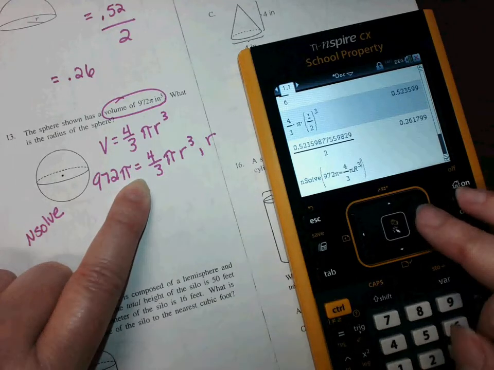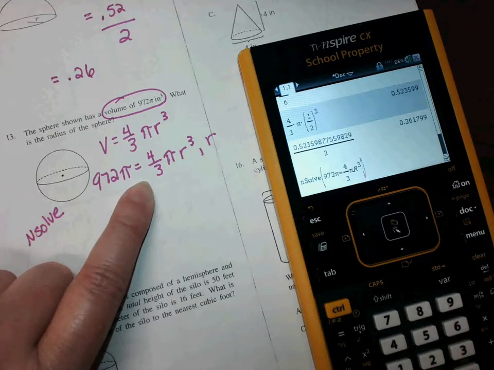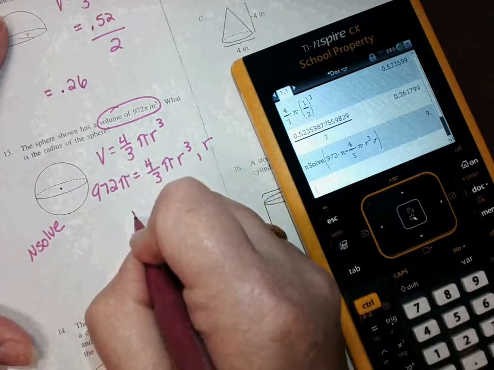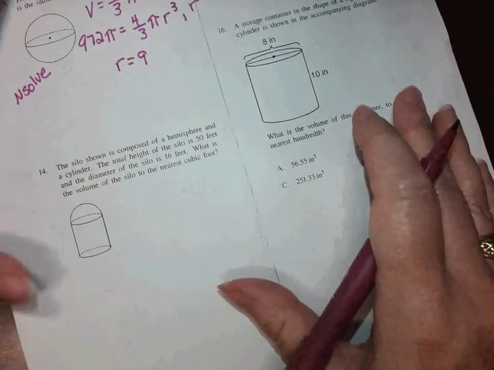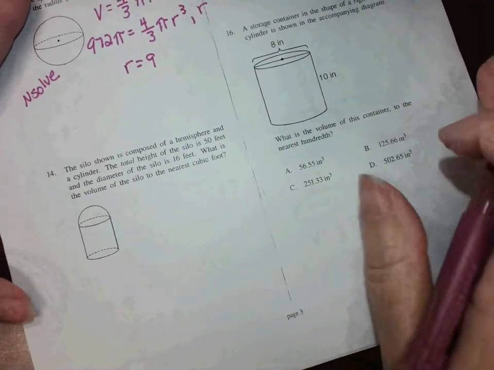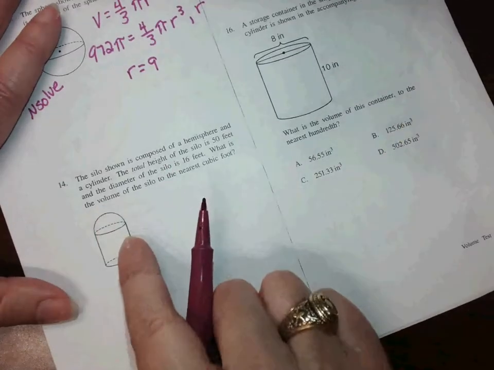And then make sure that you arrow out of the exponent, and then I'm going to do comma r, because that's what I'm missing. Comma, where's my r? 9. R equals 9. Okay, number 14, we have a silo composed of a hemisphere and a cylinder.